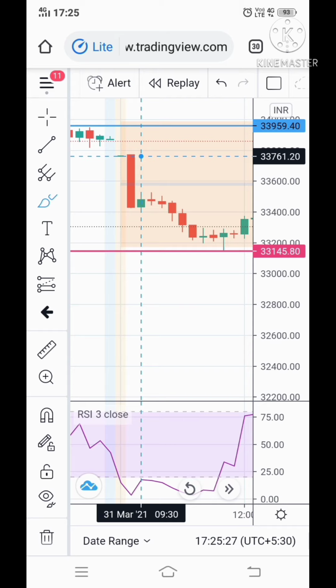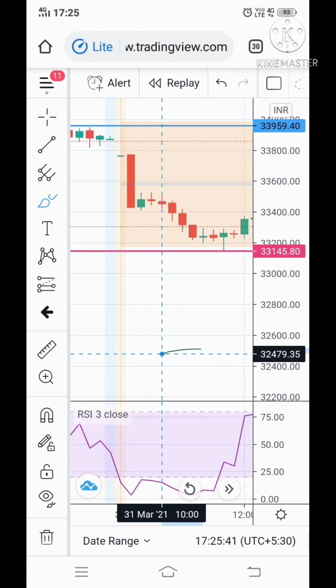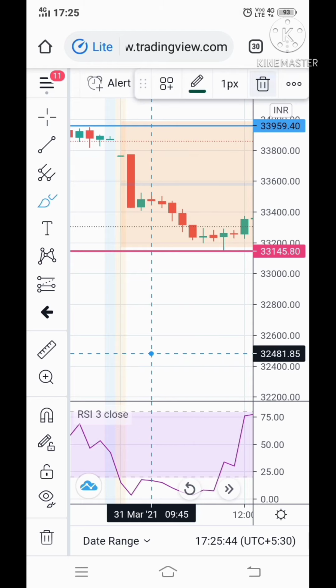And again, in the first half an hour of the market opening, I would recommend everyone to stay away from the market, because it is a risky zone. Too much fluctuation and volatility will be observed during that period, and it's very difficult to catch the real sentiment and momentum of the market.